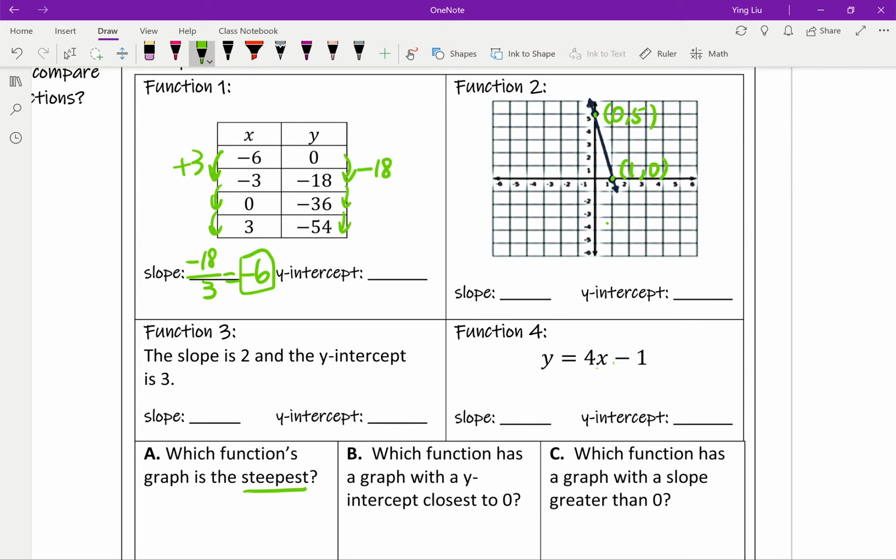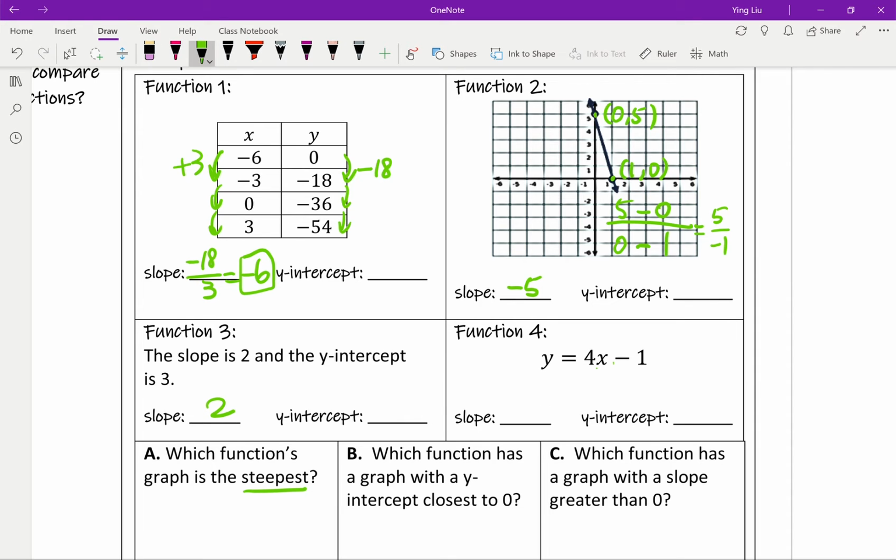So the slope is the change in y, 5 minus 0, over the change in x, 0 minus 1, and that gives us 5 over negative 1, which is negative 5. And the slope of the third one, well, it just tells you it is 2.